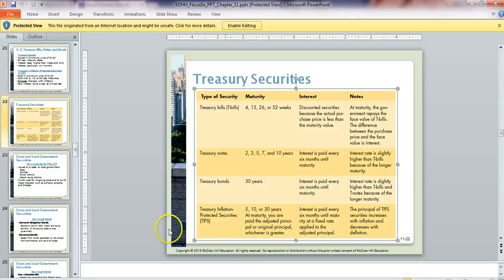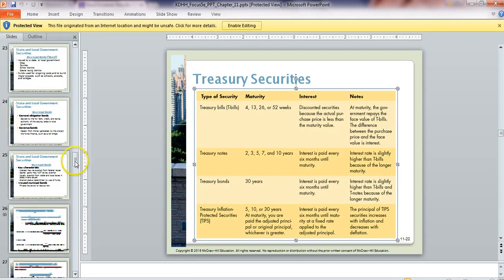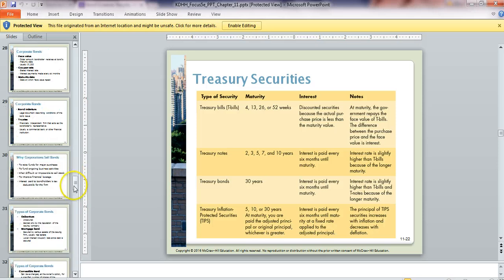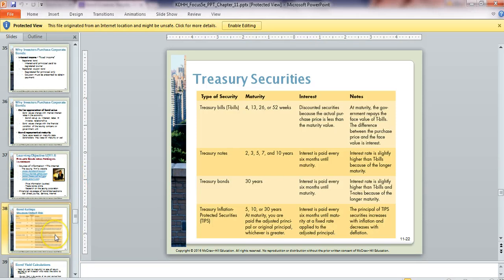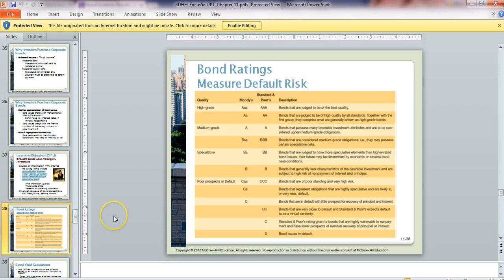The next slide I wanted to visit was slide number 38. This again talks about risk components. High grade, best quality, medium grade, here they are, speculative or higher risk, and junk bonds down here.